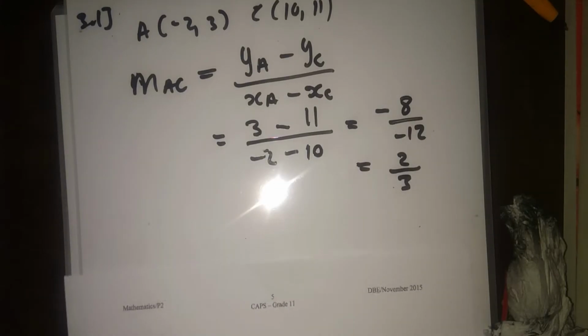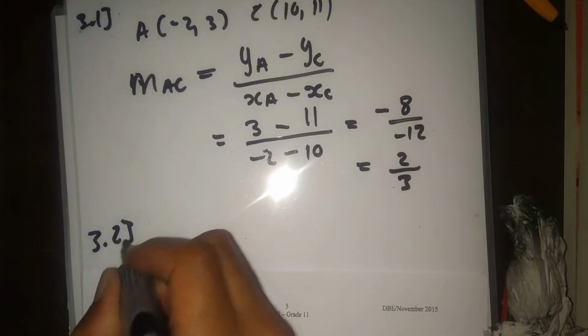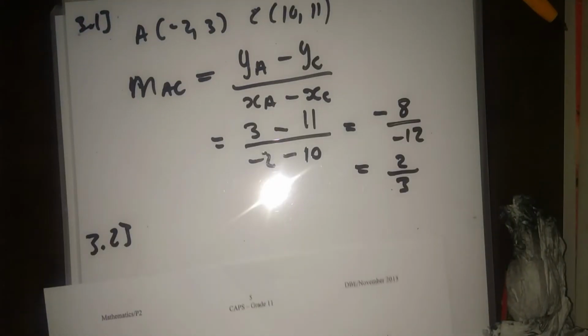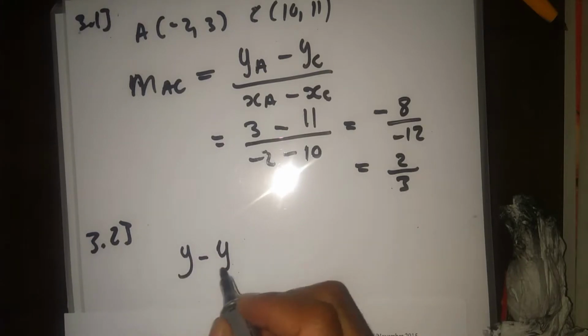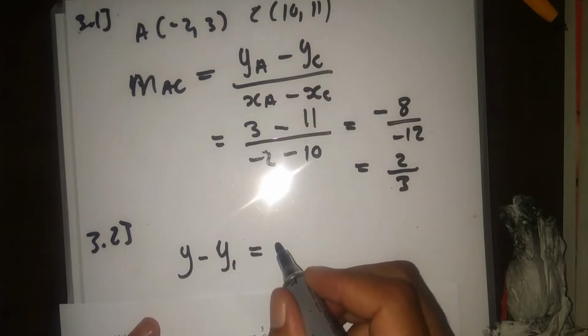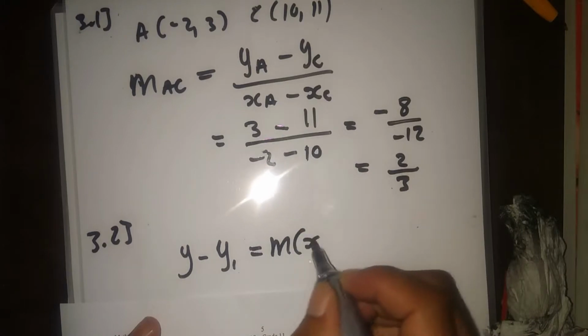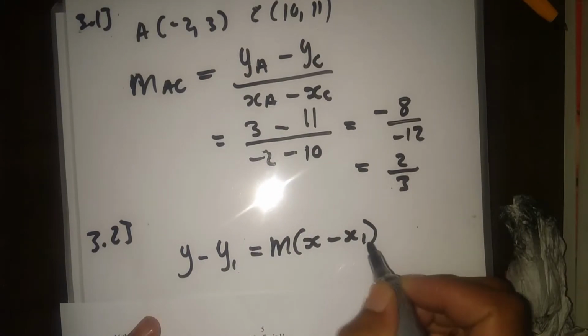3.2, determine the equation of line DE. Whenever you want the equation of a line, you need a gradient and at least 1 point, and you use this formula: y minus y1 equals m times (x minus x1).